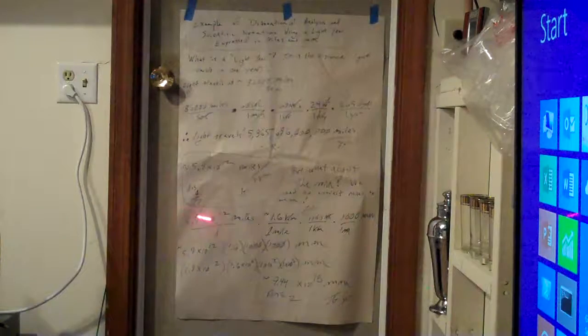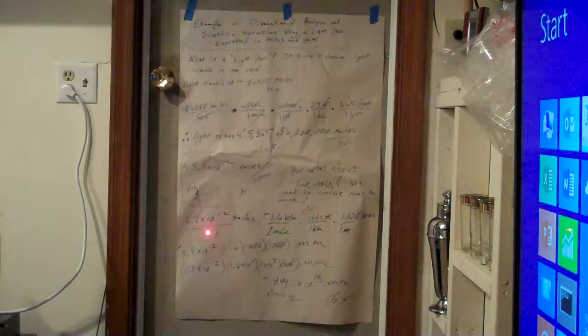I'm not changing the value, I'm just changing its form. And so this kilometer cancels that, and the process repeats. You've got 1,000 millimeters is equivalent to 1 meter. This is a value of 1. So this meter right here will cancel that one right there. And what we're left with, if you do it properly, is just millimeters, which is what we wanted. And that's millimeters per light year, etc.